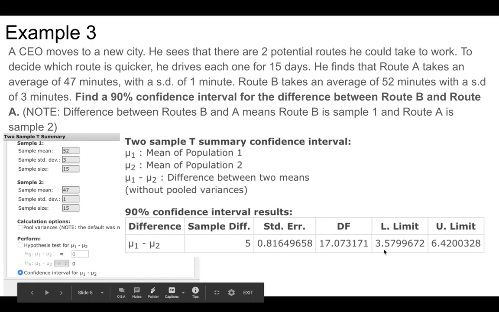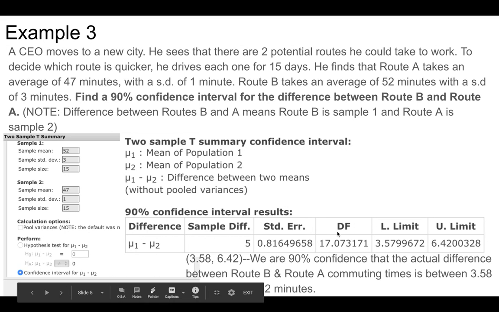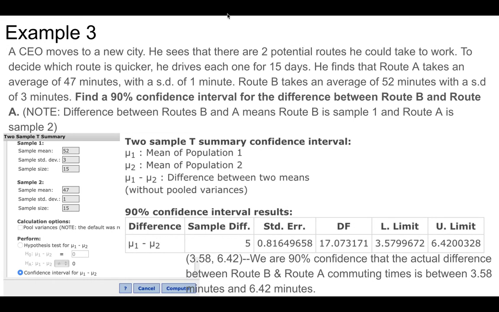So we are 90% confident. Here's our lower limit. Here's my upper limit. So we are 90% confident that the actual difference between Route B and Route A commuting times is between 3.58 and 6.42.